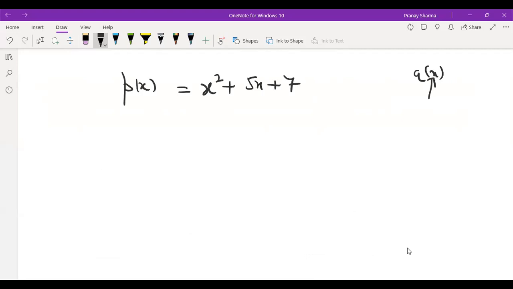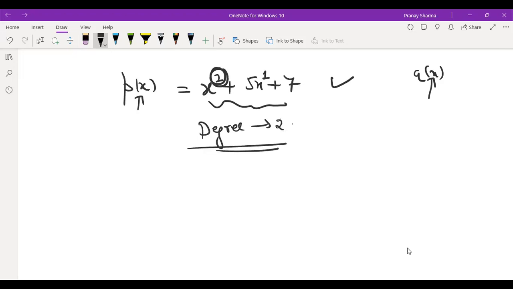This x represents the variable in which you are expressing the polynomial. Now this is a polynomial because the powers are whole numbers, division is not there, and any other operator will work. So this is a qualified polynomial. Degree means the highest power of a variable. The highest power of the variable here is 2, so the degree of this polynomial will be 2. This is how we define degree.